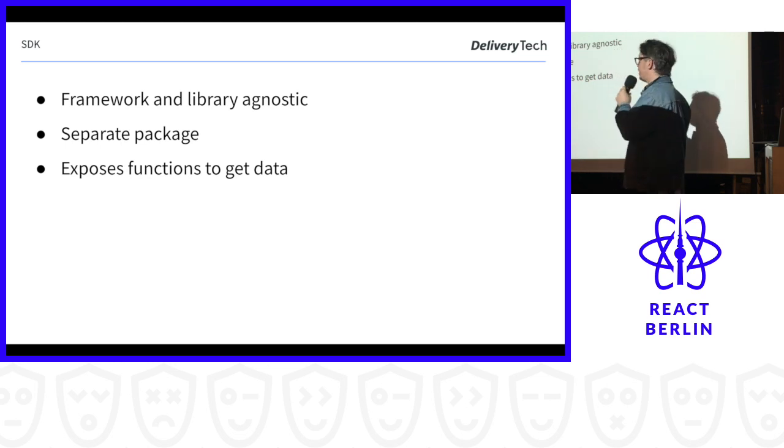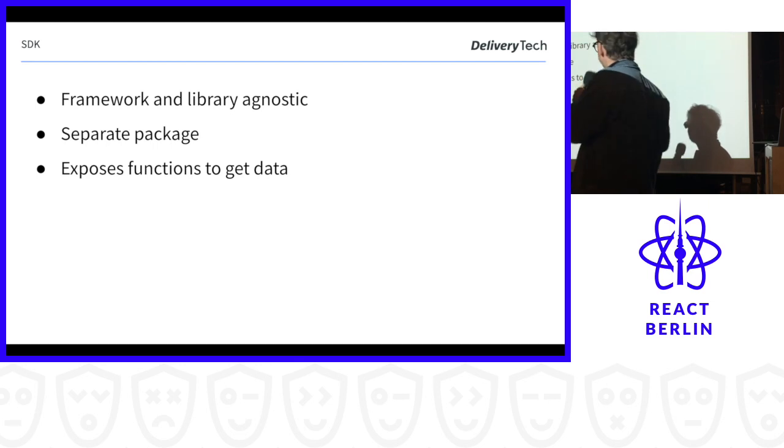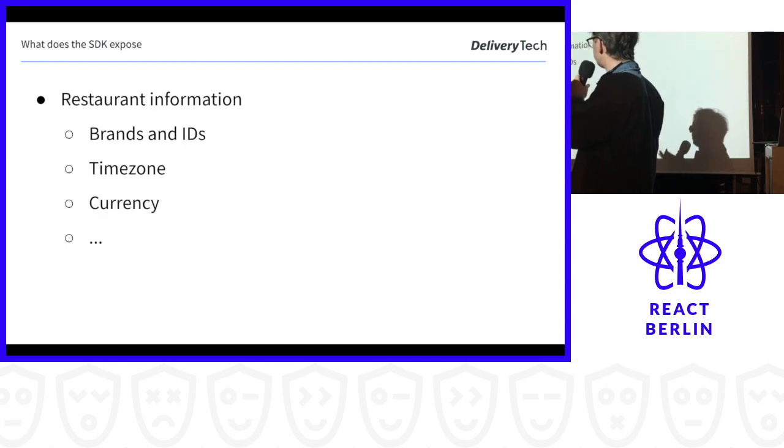So we build something really agnostic, just function calls, which are not tied to any kind of technology or library, so we can internally switch. The SDK is a separate package, I'll come to this later, and it exposes functions to get data or get some helpers. So what does it expose?